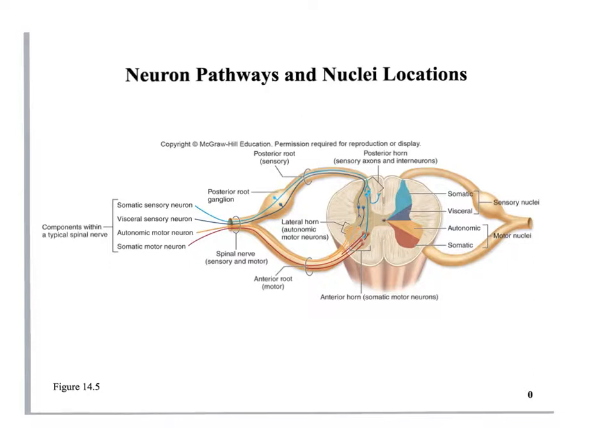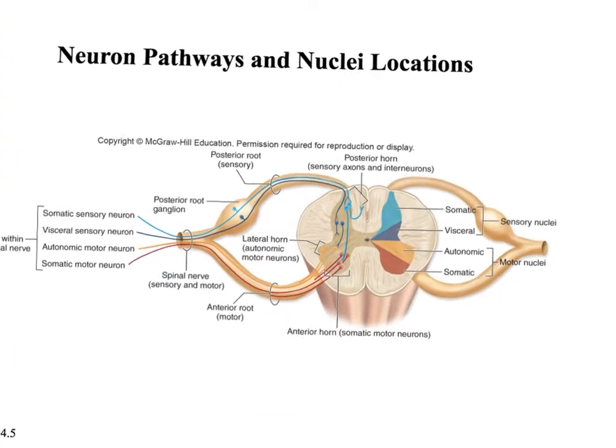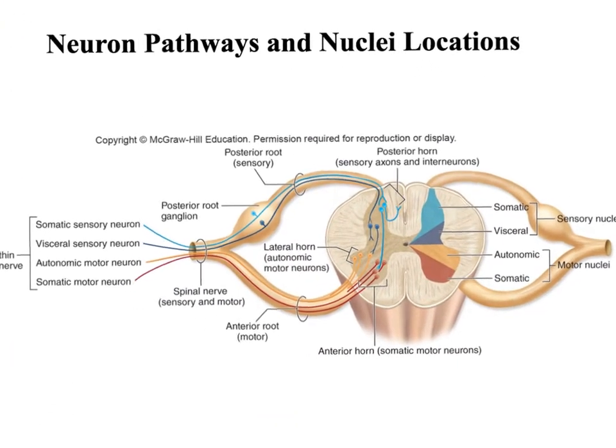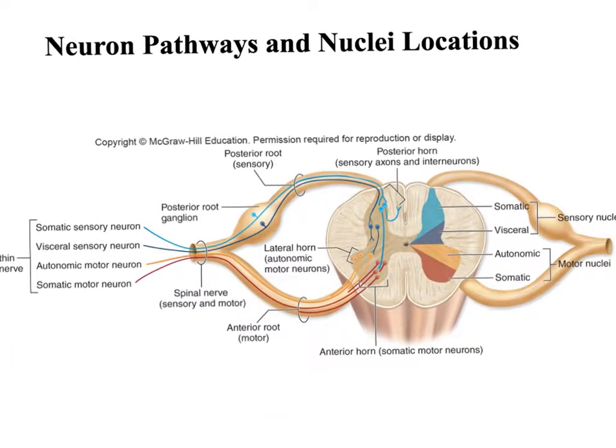If you look at this picture, it gives you a really good idea about the separation between a posterior root and an anterior root. Why are there two parts, what's the importance of that, and why do they come together in a spinal nerve?